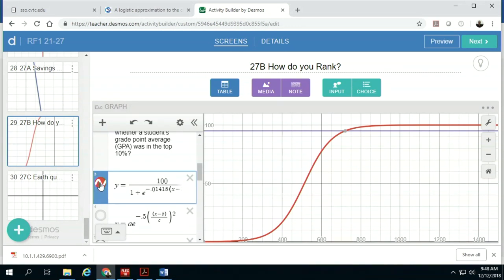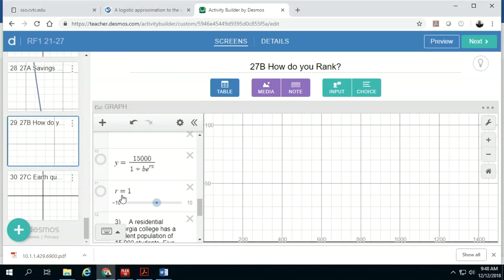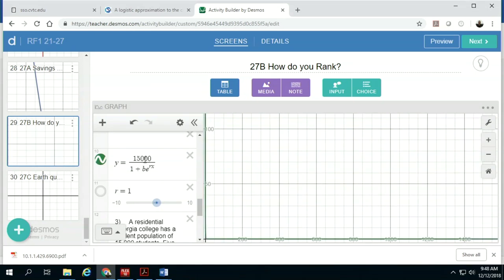So let's look at this next logistic function problem where it says we're going to start with 15,000 students at a residential college. 5 students return from spring break infected with a virus causing zombieism. A week later, 50 students are infected. Assume that N of T, the number of students affected with the virus, can be modeled by this function.